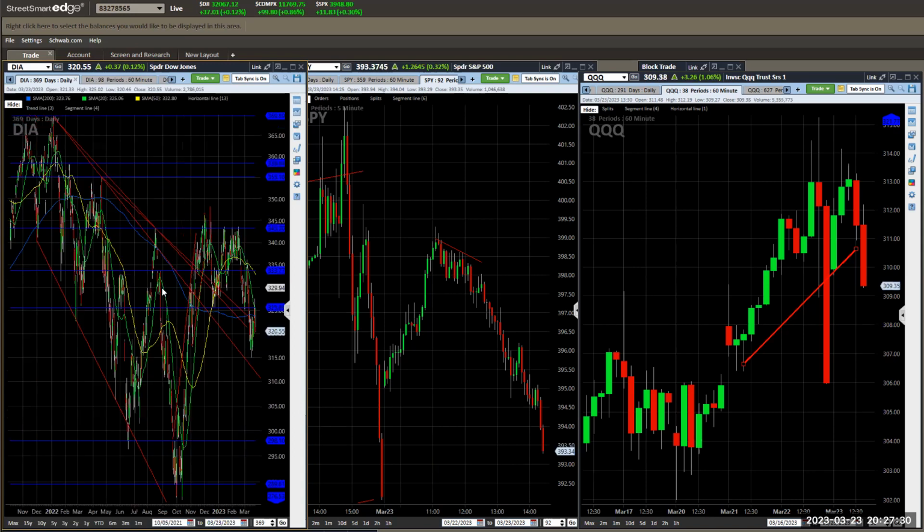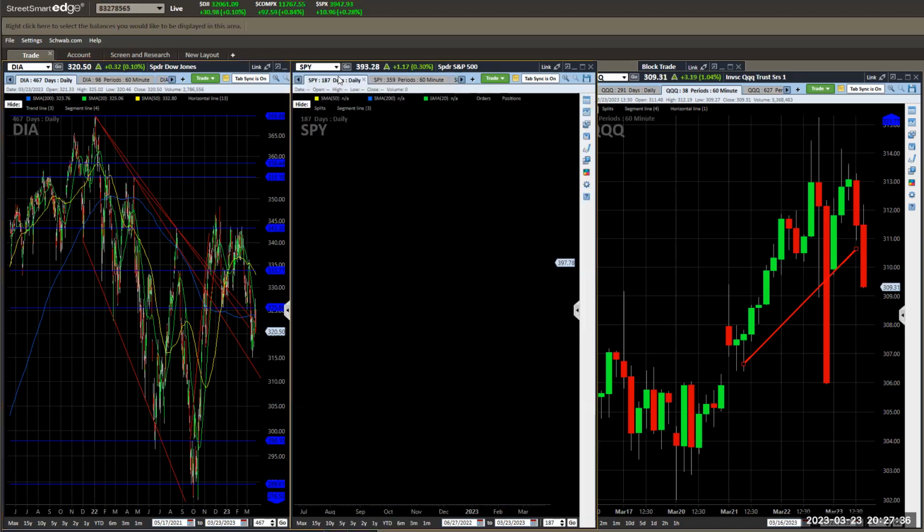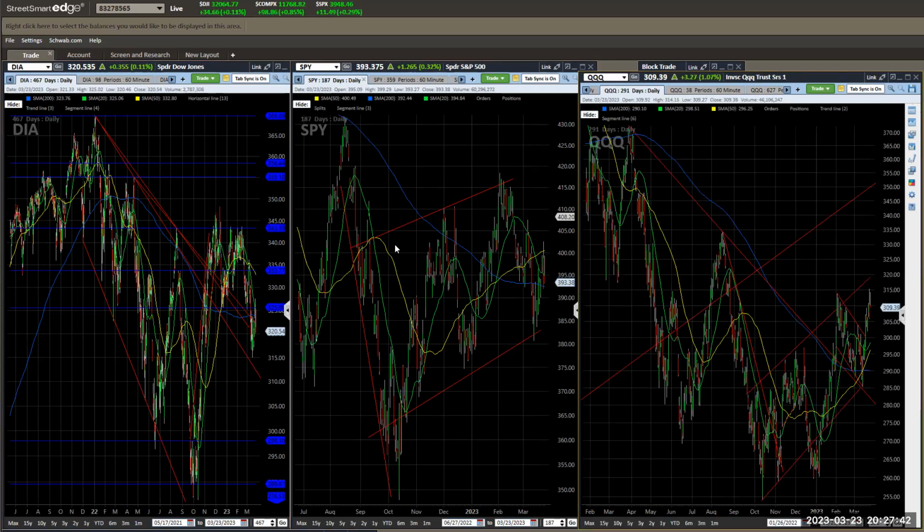Right here was one of them. We came out of this area, but we're going to have to see how these things play out, if they're going to support. And the only one that I found the slight of a bull flag was in the SPY, and then it came up again somehow in the Qs.